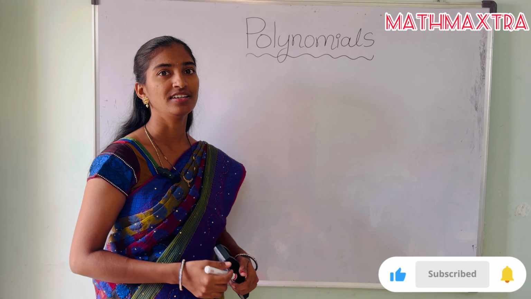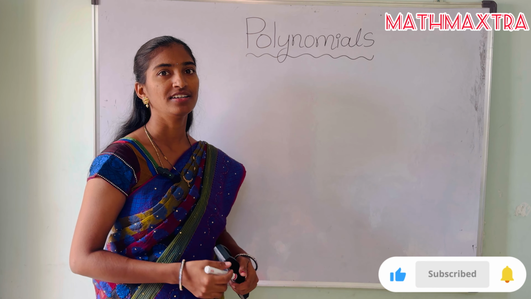This a naught should not be equal to 0, and a naught, a1, a2 and so on are all real constants, any real constants. And this n we call the degree of that polynomial.